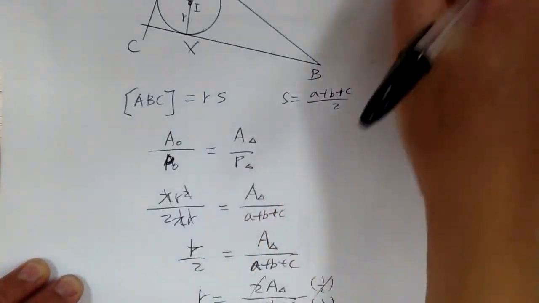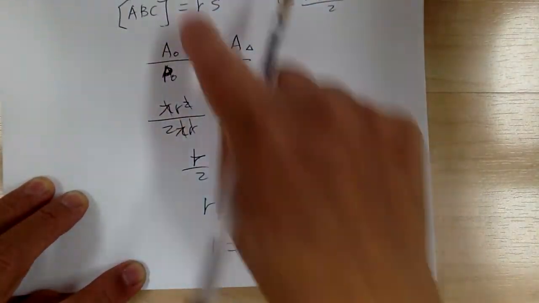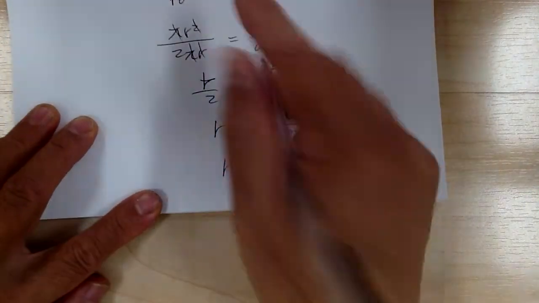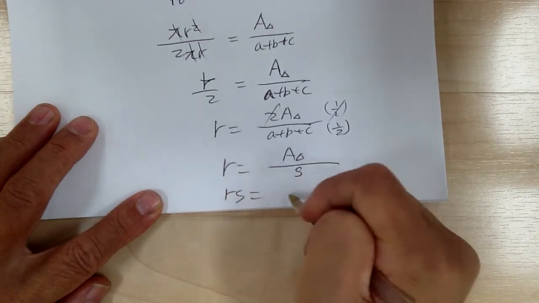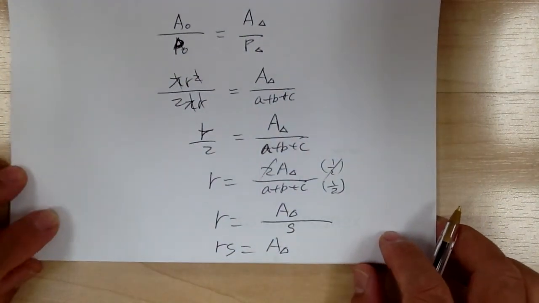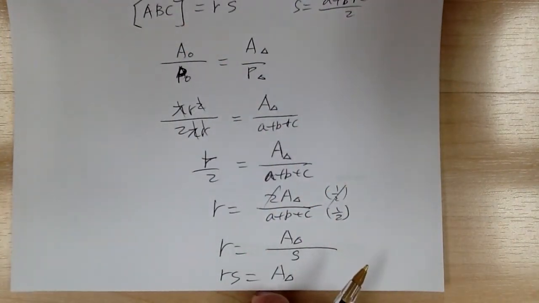That's the S. See that? So this is where it came from. You can do that to get the formula rS equal to the area of the triangle.